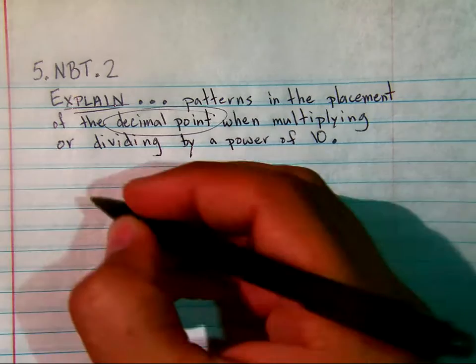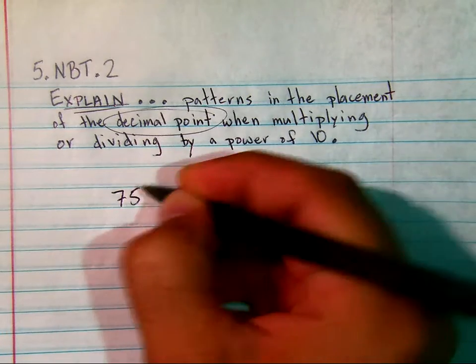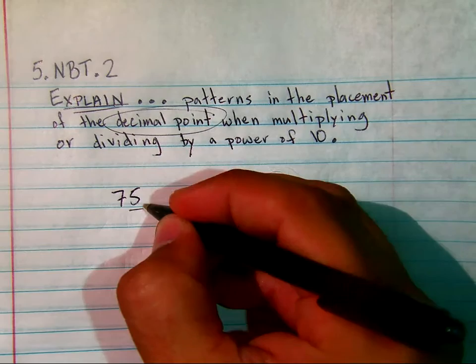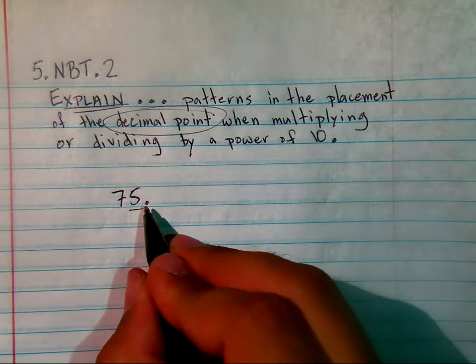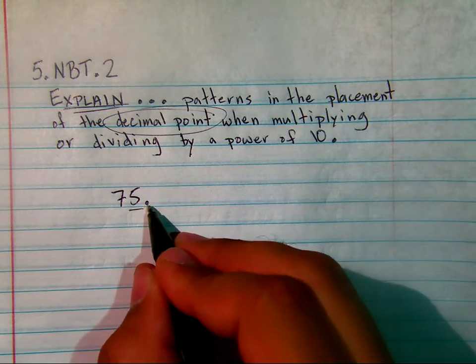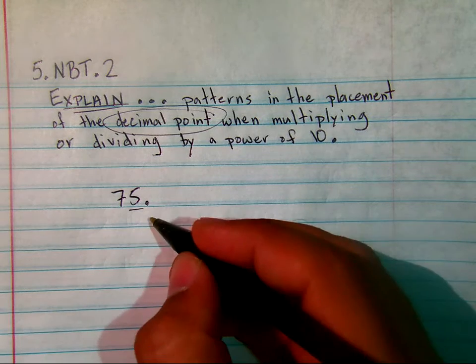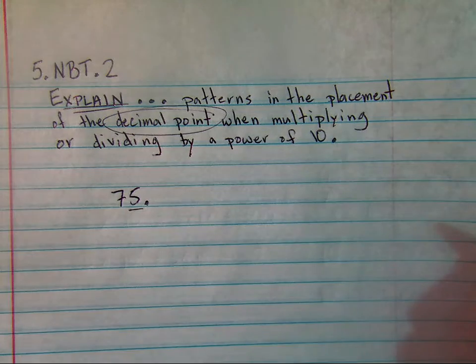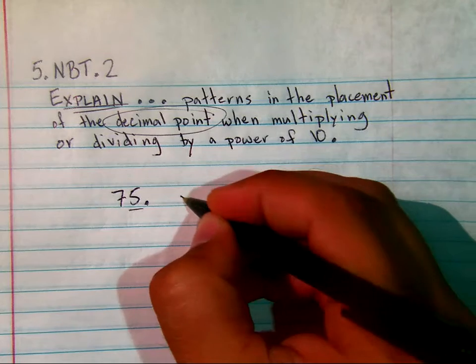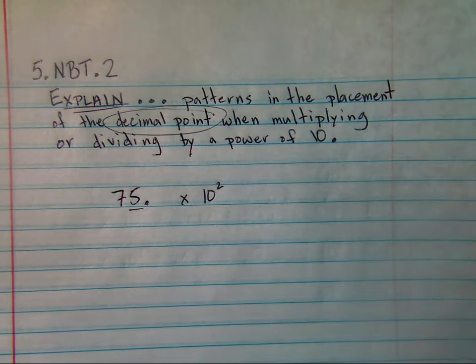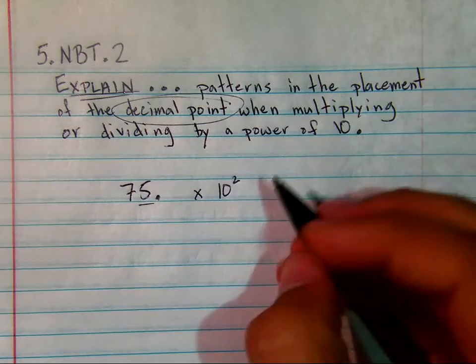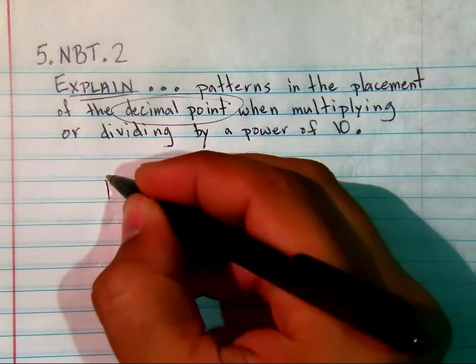So when I look at a number like 75, and I recognize that the ones place has a little hidden decimal there, it's the easiest to really identify and understand if I think, well, maybe if I'm going to take this and multiply it times, I don't know, 10 to the power of 2, that's pretty easy. Well, what if I consider 75 as $75?